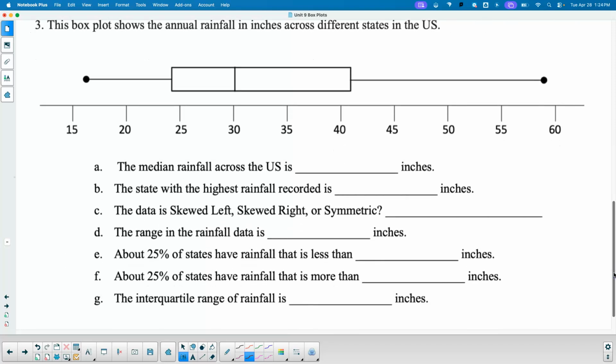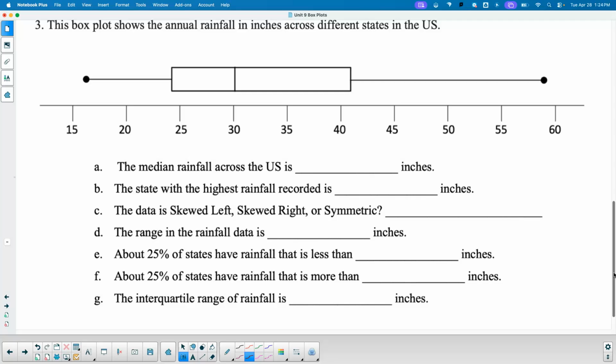So this box plot here shows the annual rainfall in inches across different states in the U.S. What is the median rainfall based off of that data? 30? So maybe 30.5. It's a little bit higher, right? Am I seeing that right? So I go 30 or 30.5.